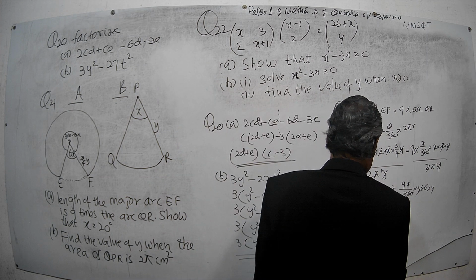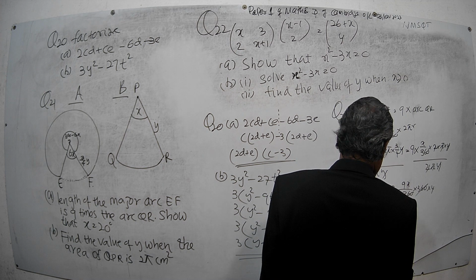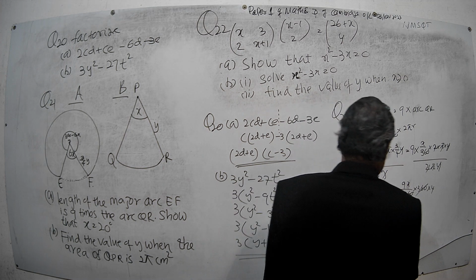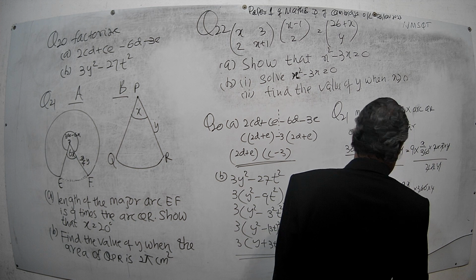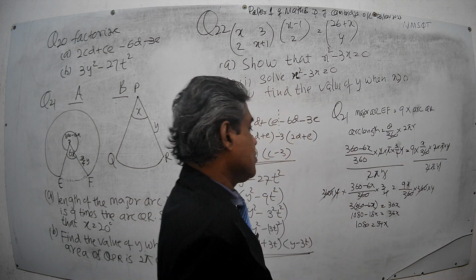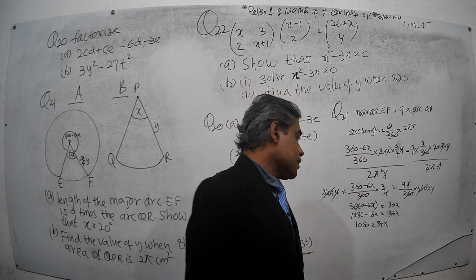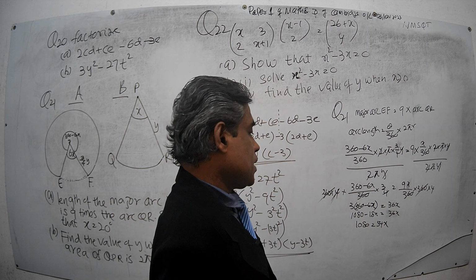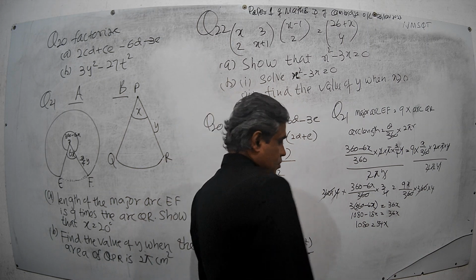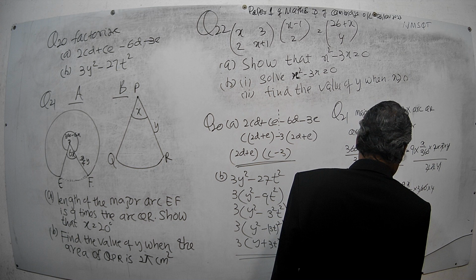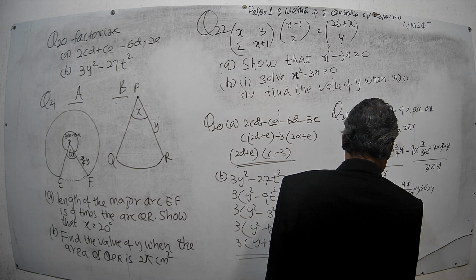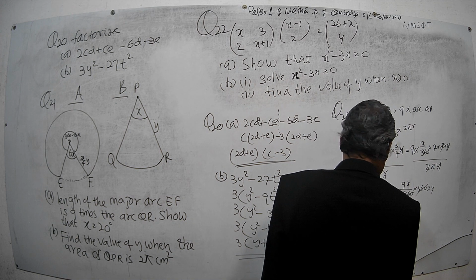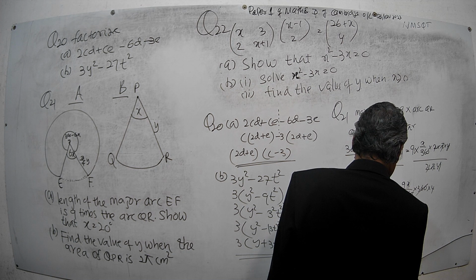Then 1080 equals how much? 54x. When 18x is taken to that side, it is plus 18x, and plus 36x is 54x. Then both sides are divided by 54. Then x equals 20. x equals 20.